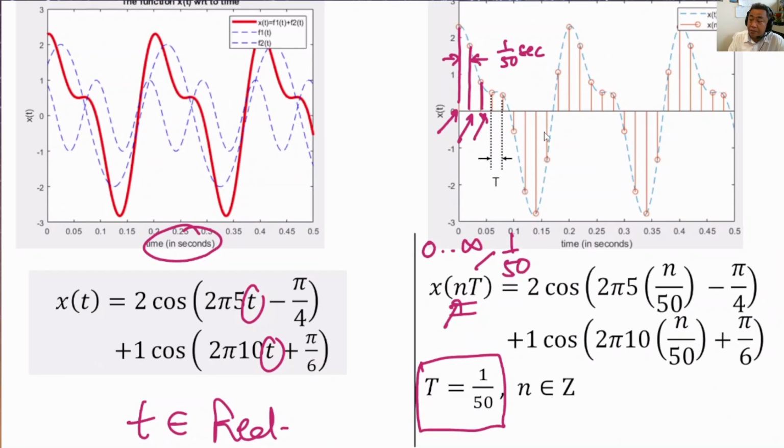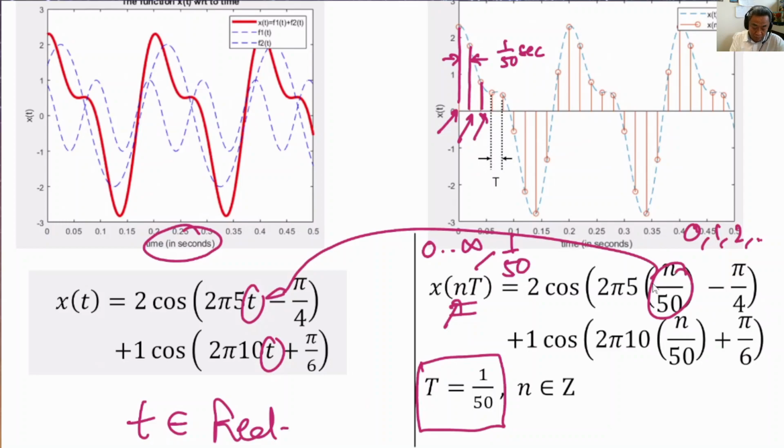We are basically changing small t into capital NT. So t is replaced by n over 50, where n is now an integer value from 0, 1, 2 until infinity.